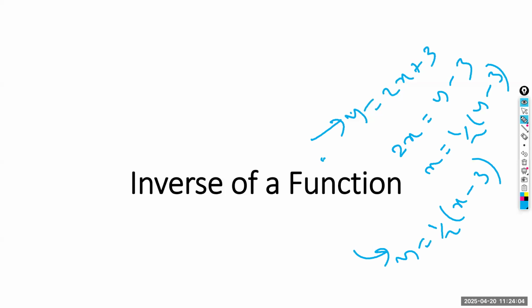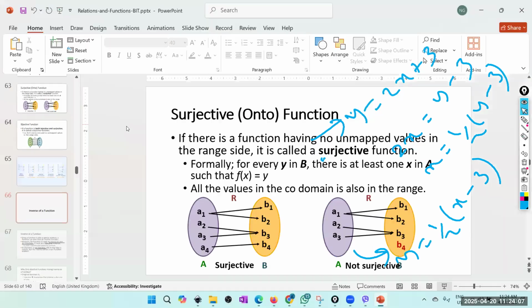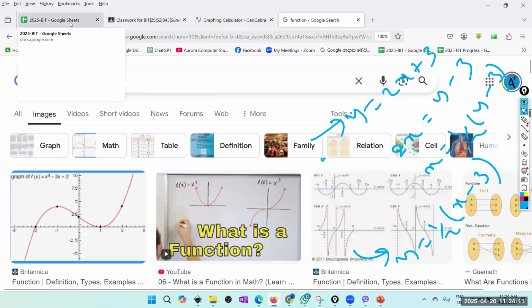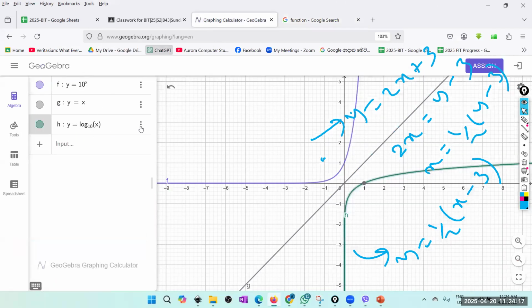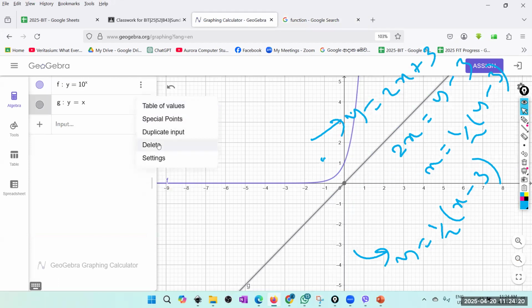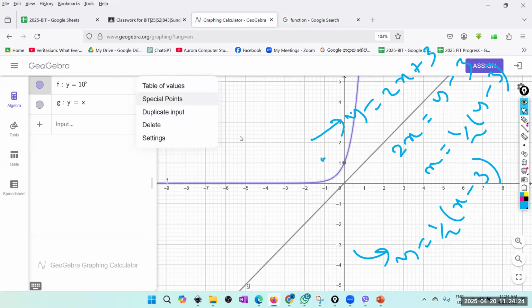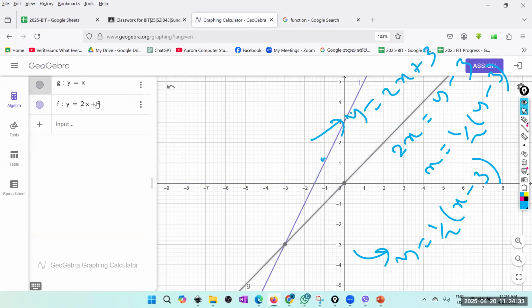Okay. So let's draw it again. y equal 2x plus 3. What is the inverse? Half of x minus 3.